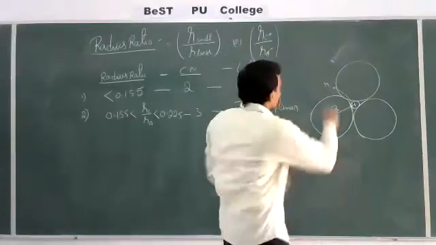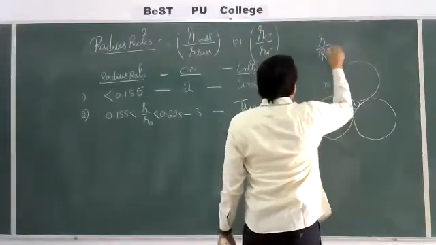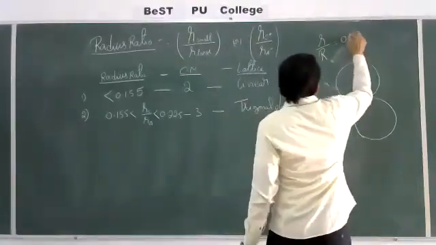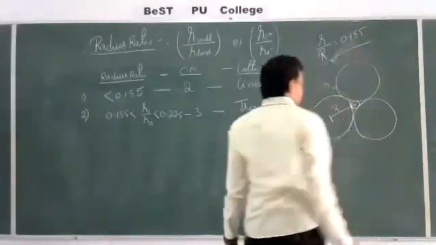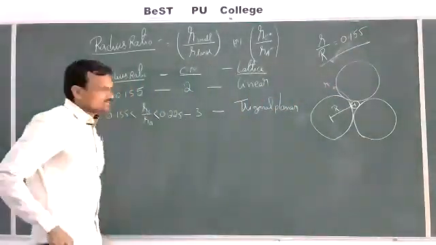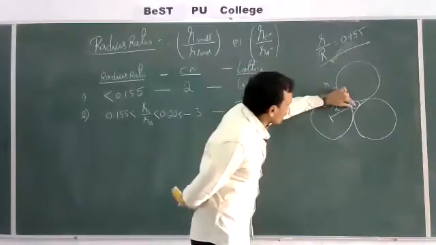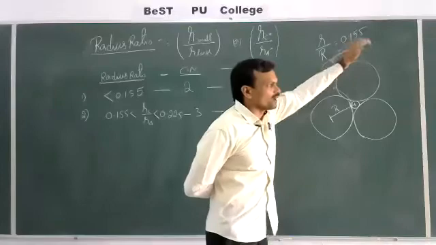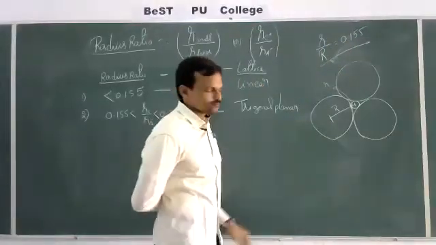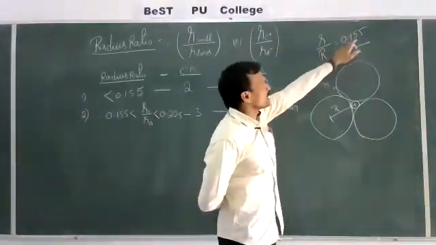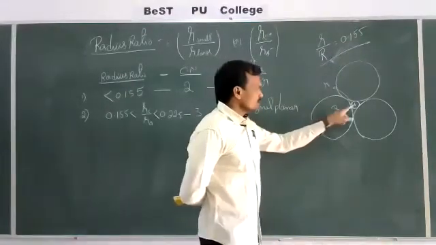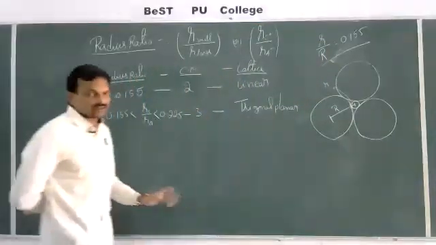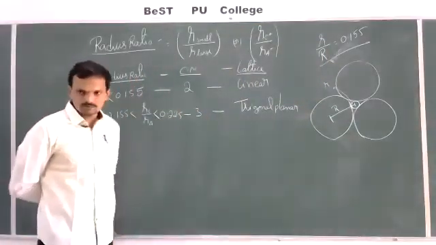If you find the ratio of small r by capital R, it is equal to 0.155. The radius of the small particle to the radius of the large particle is 0.155 or more, meaning the minimum value is 0.155. Then the void is a triangular void. If it is less than 0.155, that is linear shape only.